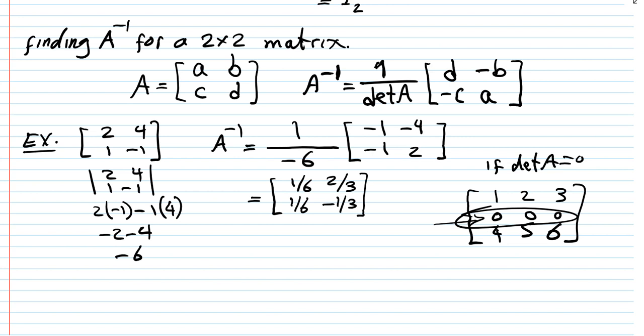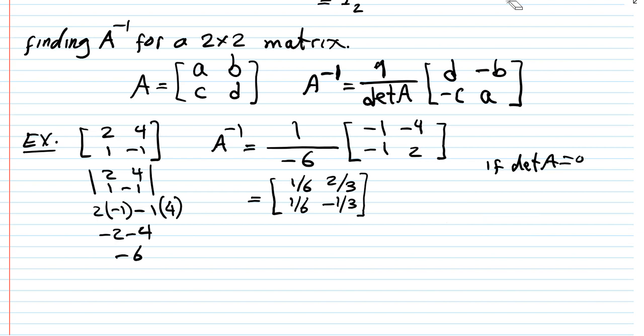That means one equation in the system could be a multiple of the other. So that is why the inverse may not exist. Okay. So in this one, if the determinant is 0, then A inverse does not exist.